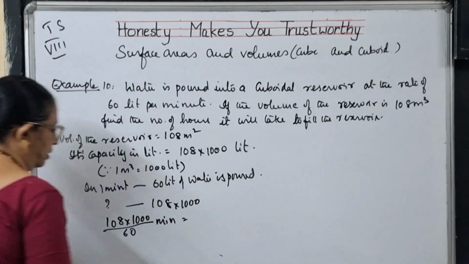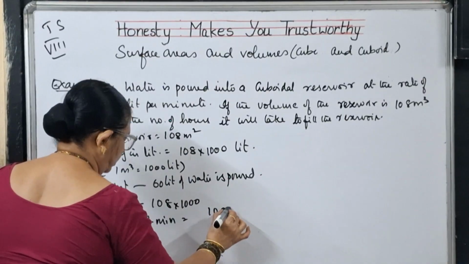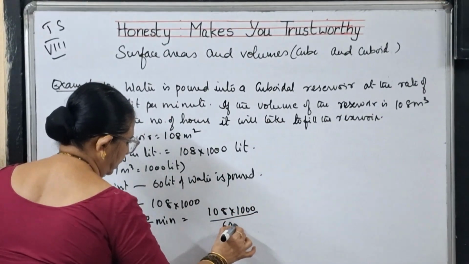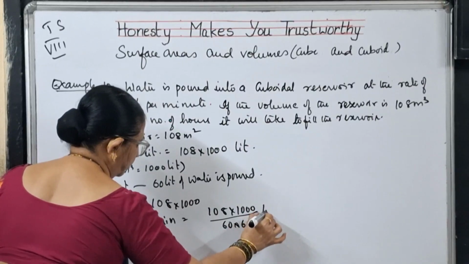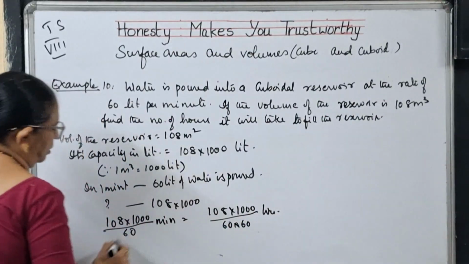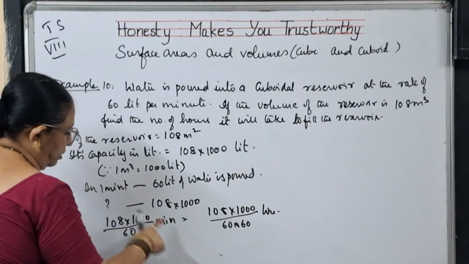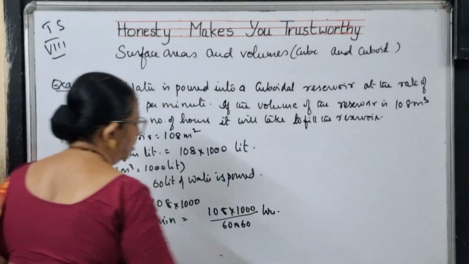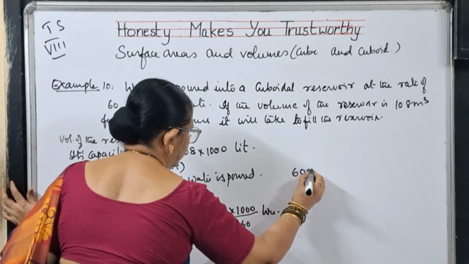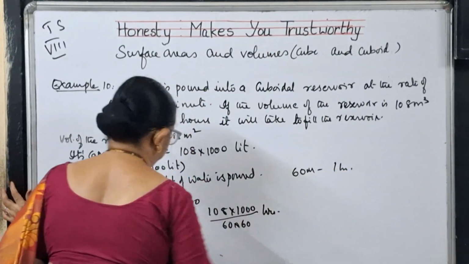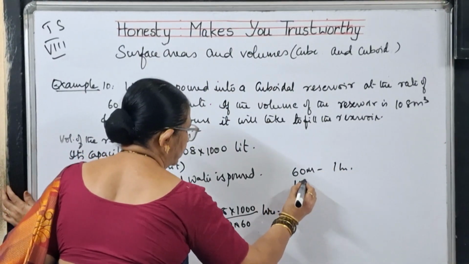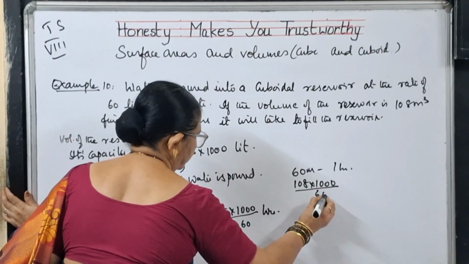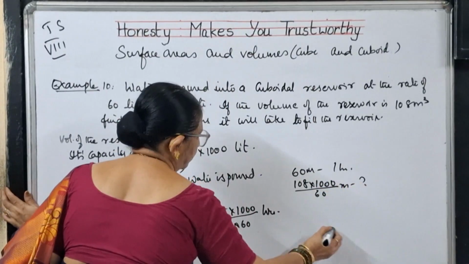This can be written as 108 into 1000 by 60 into 60 hours, because we know that 60 minutes make 1 hour. If you want to convert it into hours, 60 minutes make 1 hour. So 108 into 1000 by 60 minutes makes how many hours?